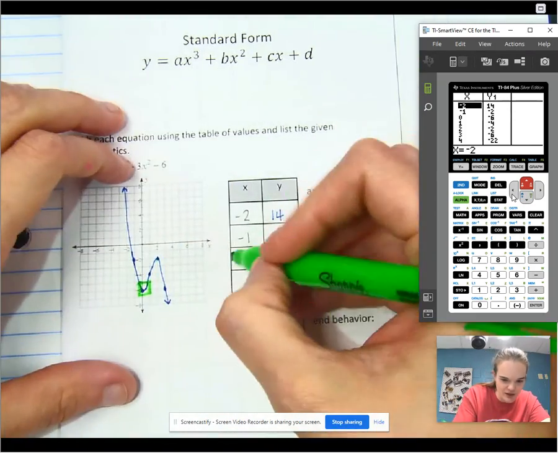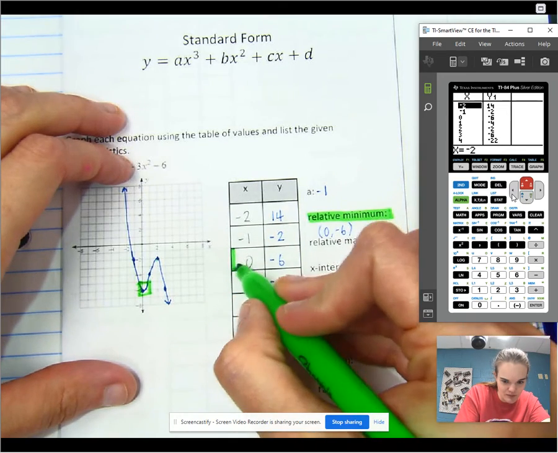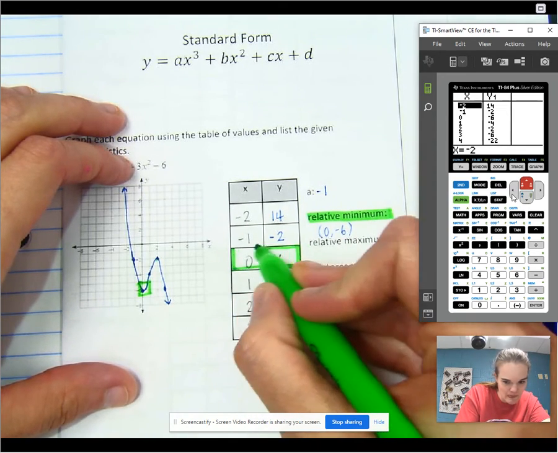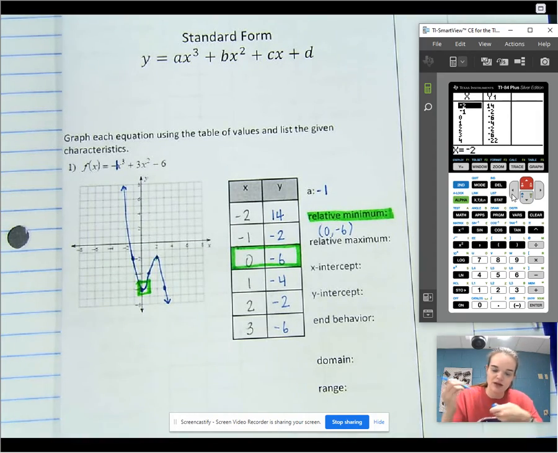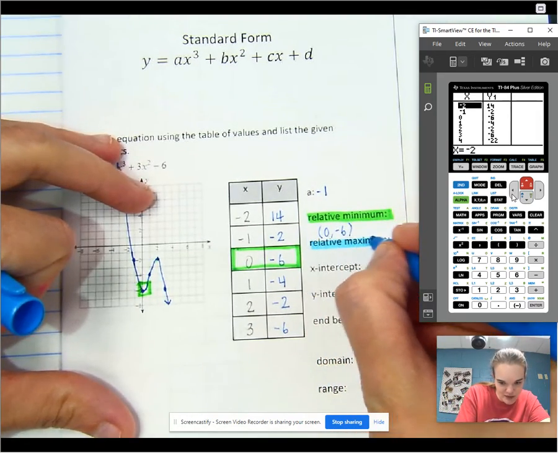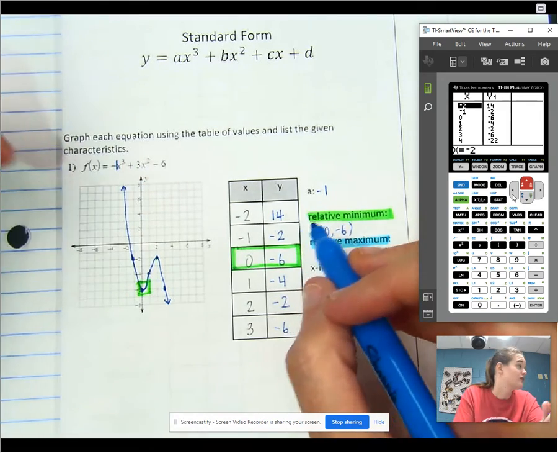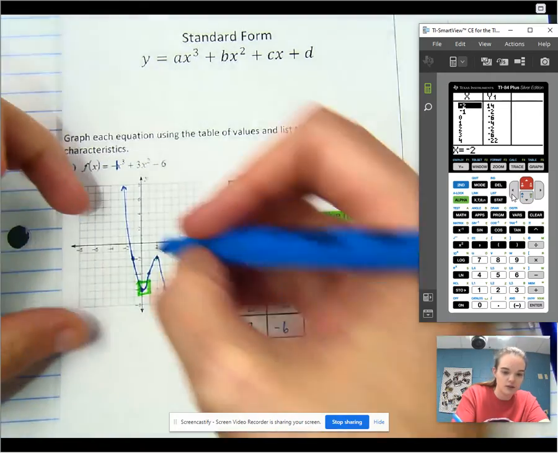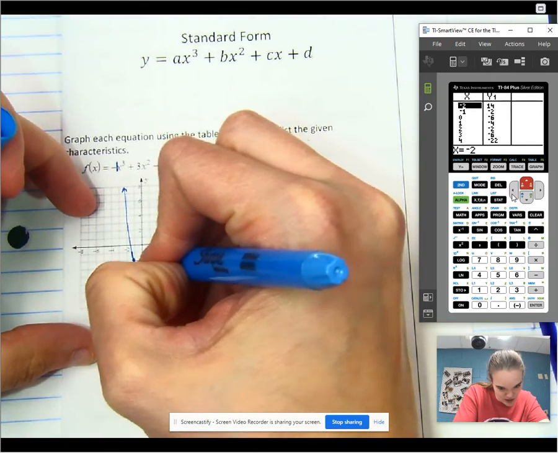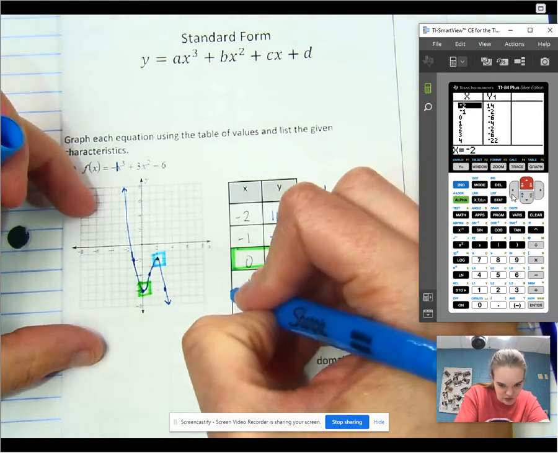Came from right here. That's the relative minimum. Okay, and grab blue. The relative maximum is the other, it's called an inflection point technically, meaning that's where it changes, is here, because that's the maximum one, and that is 2, -2.